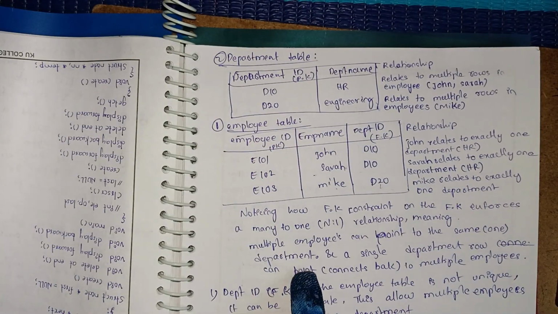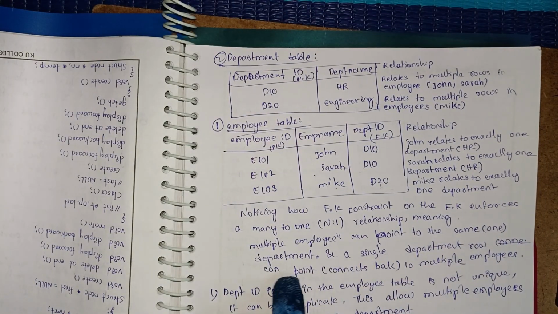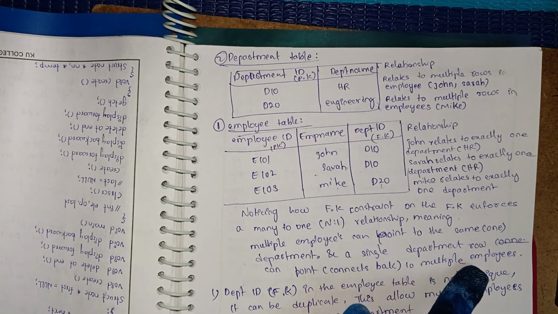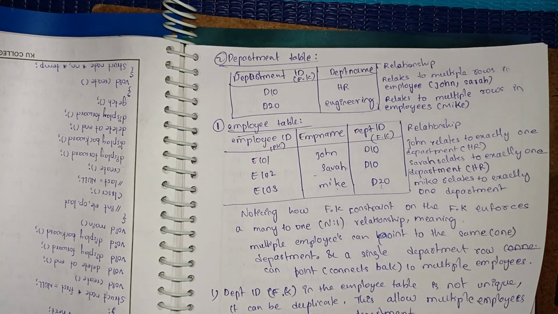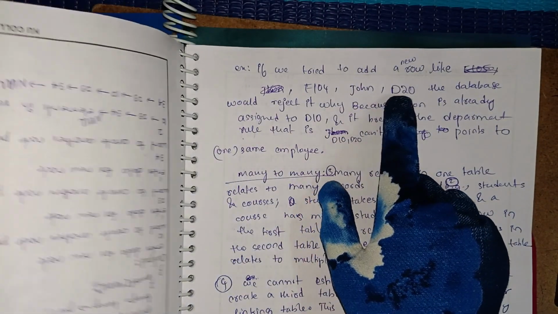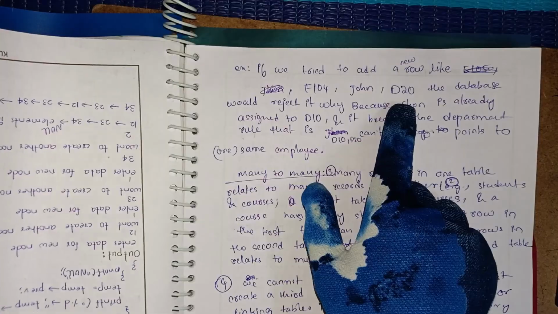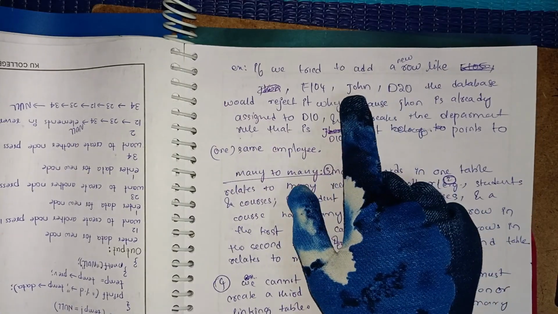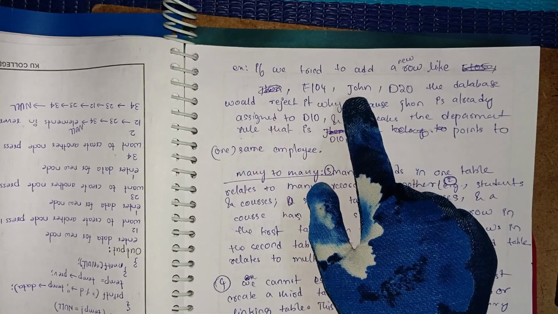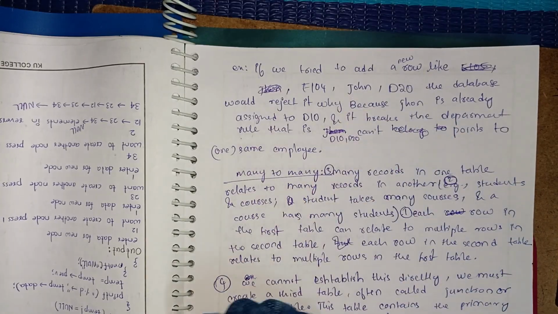A single department row can point to multiple employees, but here multiple department IDs are pointing to the same employee, so that's why it is rejected.